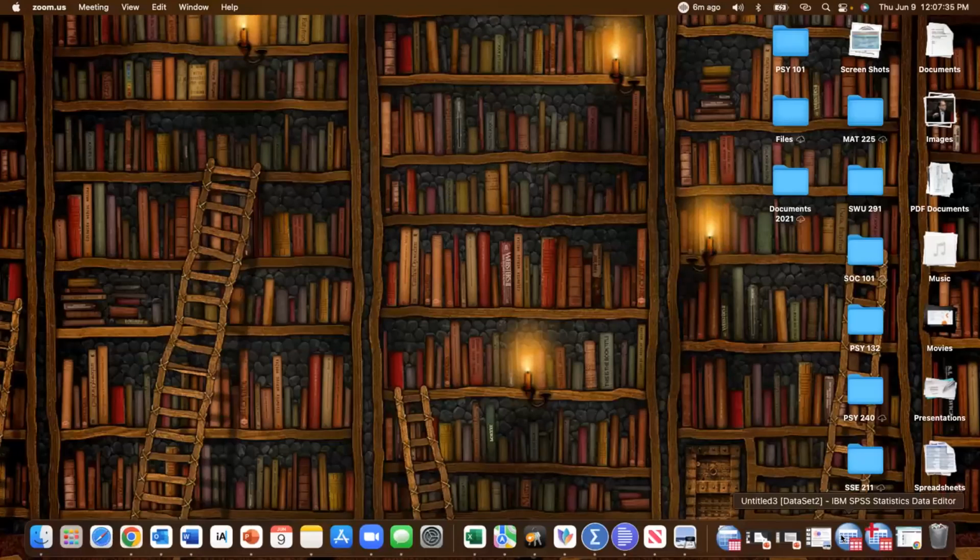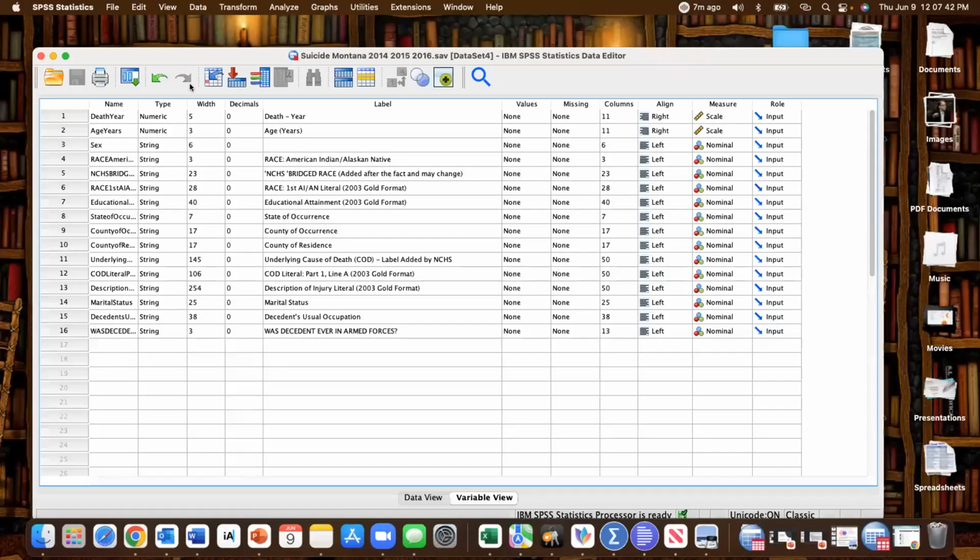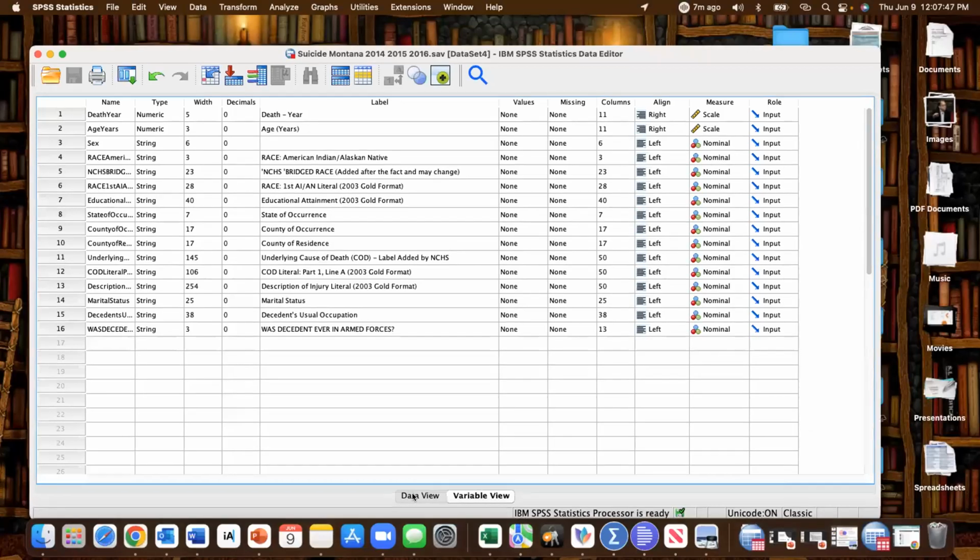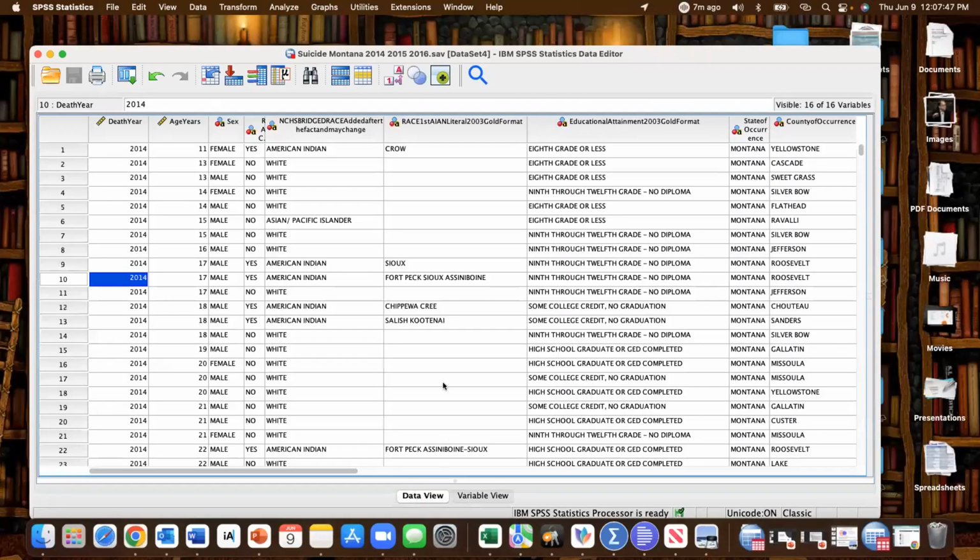I'm going to bring up this data set, and just to go over this first, this is the data file, okay? When we go here, this looks a lot like Excel, Google Sheets, those types of things, where your columns represent a variable.